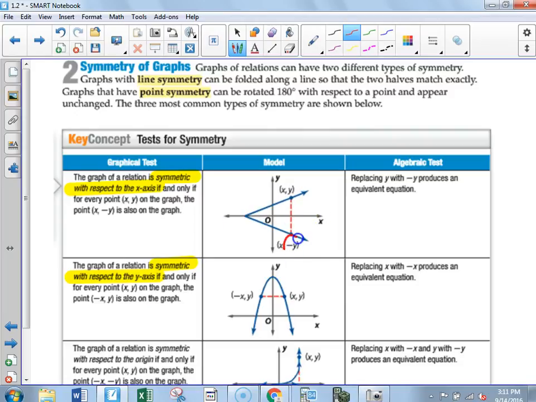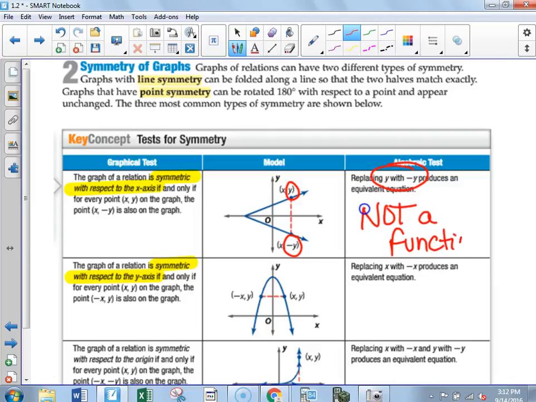That means these two y values are different when you put in the exact same x value. So if you replace y with its opposite, you will get this equivalent equation. Is that a function? If something folds in half over the x-axis, is it a function? Okay, so very important.